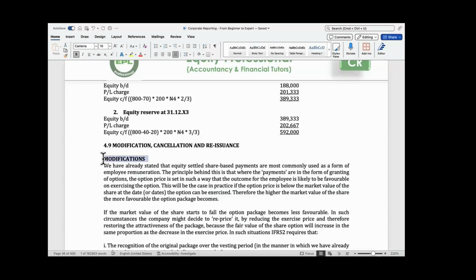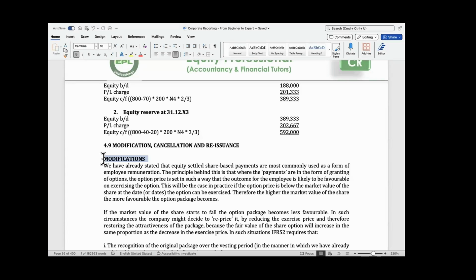Going straight to the point, what the company should do is quite simple. What they should do is to reprice the exercise price. And how do they do that? If you had promised your employees that at maturity, after some years, at the vesting day, they will get shares at 2 naira, and I told you that what makes this deal attractive is the fact that the share price of the company is high, the employee will be happy.